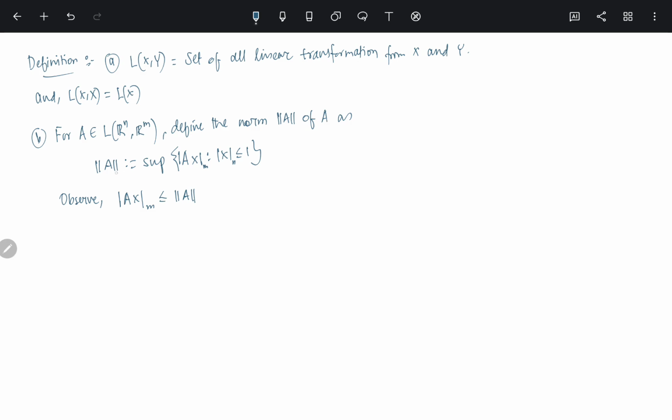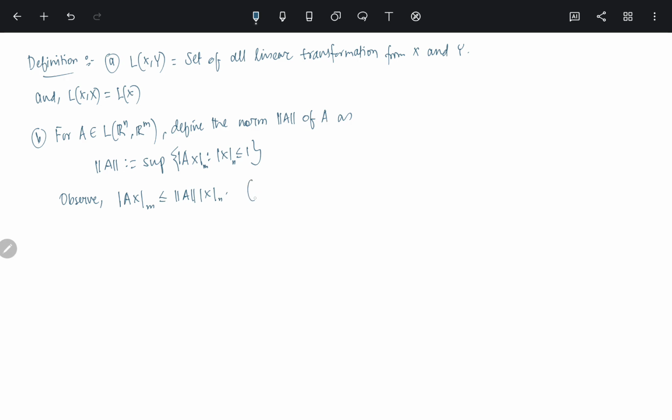What is this norm? This norm is defined on L of Rn, Rm, and times the norm of x in Rn, because this is the supremum, right? You see, we are looking at the supremum that we are defining as the norm of A. So basically norm of Ax can always be dominated by norm of A times norm of x, okay, right. I hope you can see why this is true.